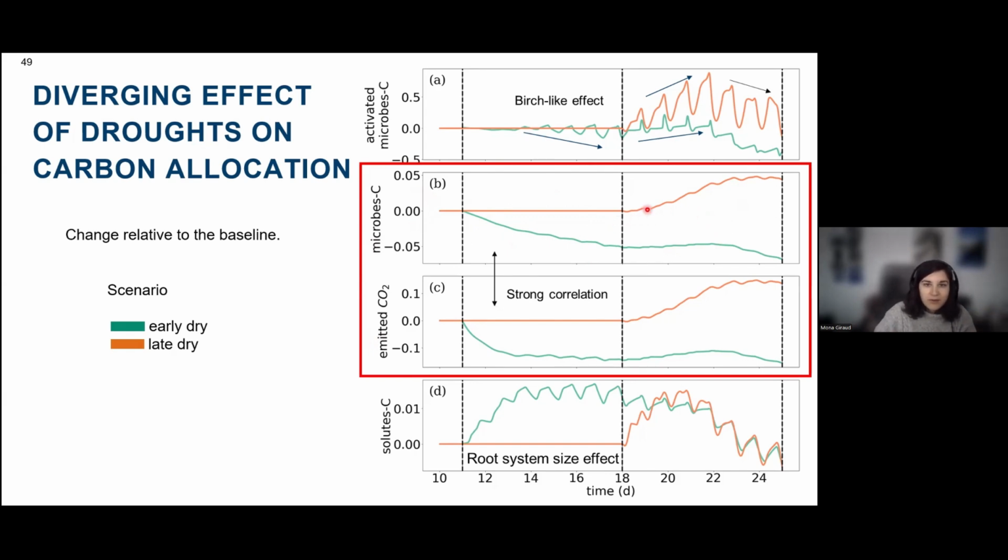So the plant exudated more in the late dry spell, so we have more microbes, and exudated less in the early dry spell, so we have fewer microbes. And we see a strong link between emitted microbial CO2 and total microbial biomass. So there's a stronger correlation than with activated microbes. And that's because even though the dormant microbes do less respiration, the vast majority of microbes are dormant, so we have these stronger links.